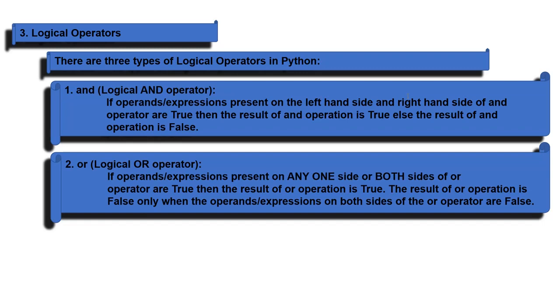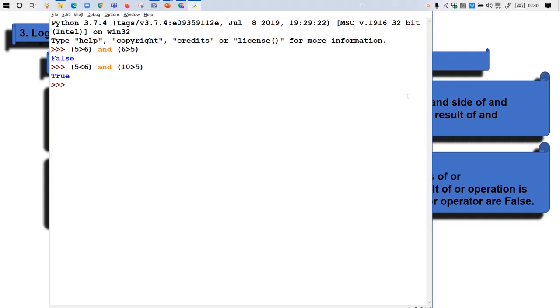So let's check. I'll type again 5 less than 6, which is true. This time I'm going to use the OR operator, 6 less than 5. Now the second operand is false. You can see 6 is not less than 5, it is greater than 5.